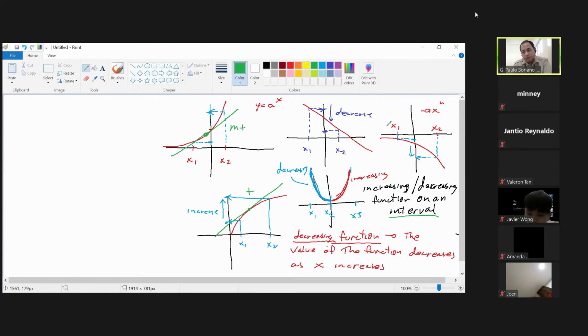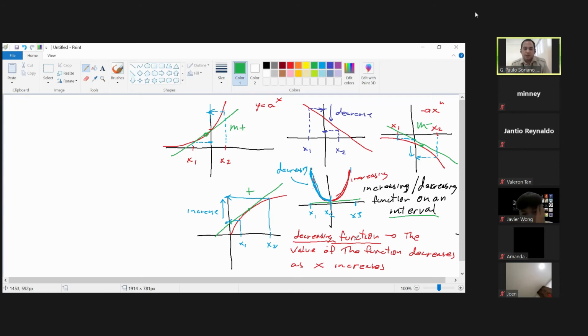If the gradient is going down, meaning it is going to have a negative gradient, then that means you have a decreasing function. There's no increase or decrease. It's neither increasing or decreasing. You get the idea?